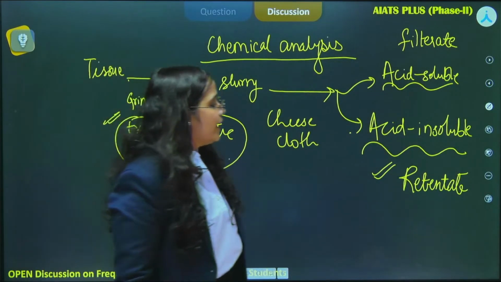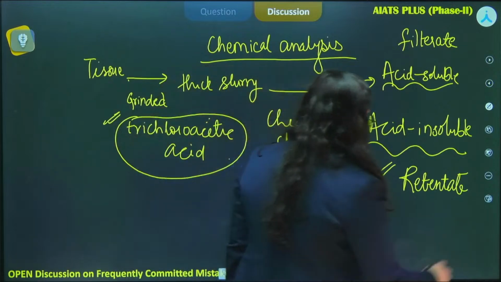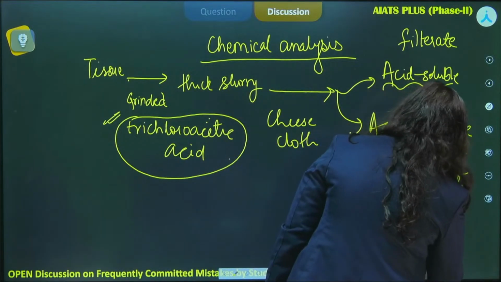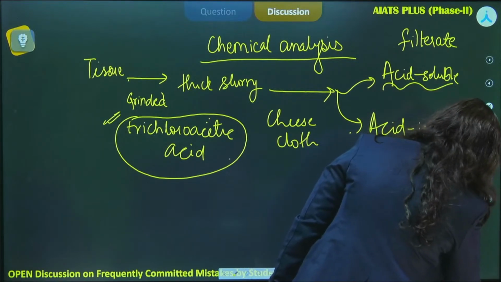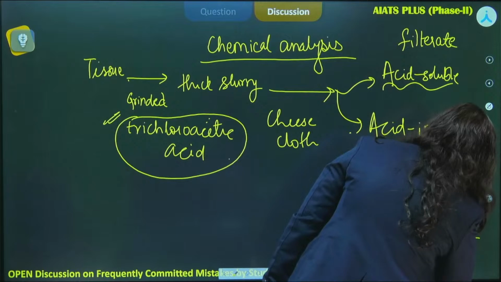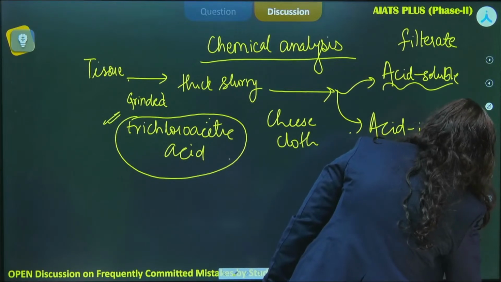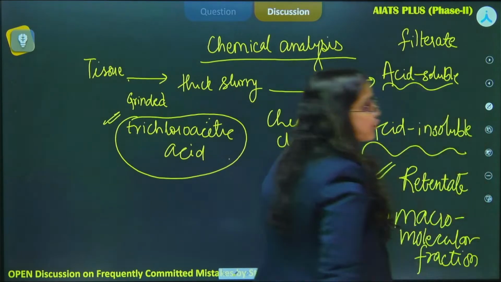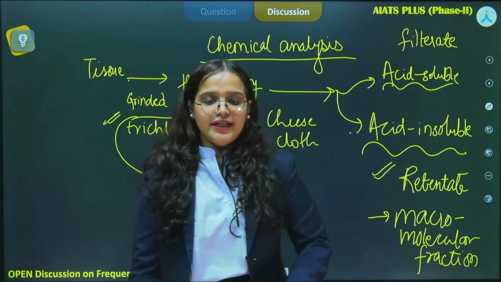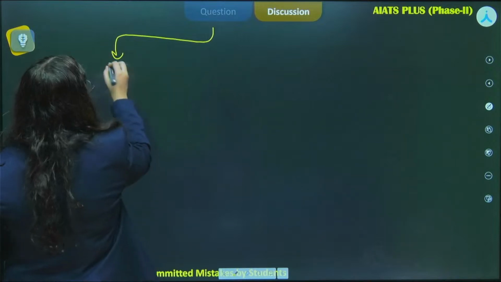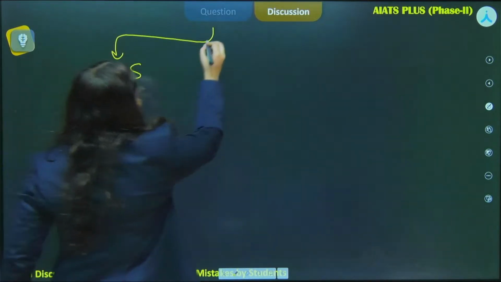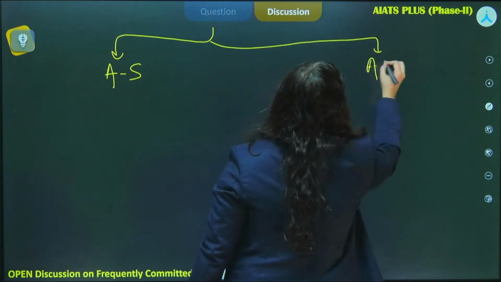Also, we name it as the macromolecular fraction, whereas the other one represents the micromolecular fraction. Alright. So now let us quickly discuss the acid soluble and the insoluble fraction.